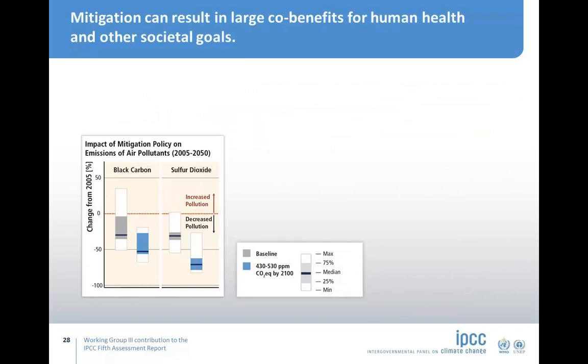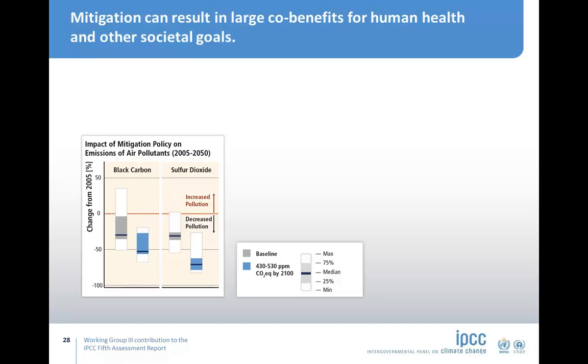And mitigation can result in large co-benefits for human health and other societal goals. So, in other words, quite simply, some of these mitigation strategies will have other benefits. Moving to cleaner, low-carbon energy sources will also result in a reduction in air pollutants.